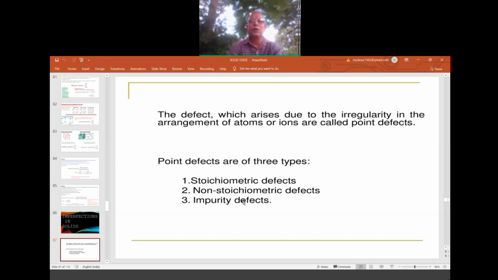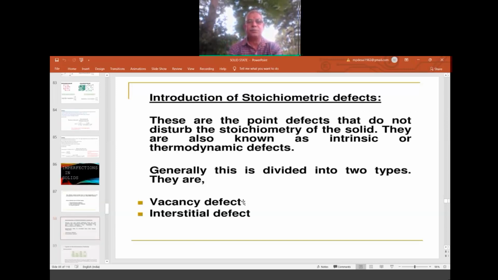Due to the reduction technique we follow in the second step of metallurgy, that percentage will give some defect in the iron metallic bonding or the metallic crystal. So that is called what? Impurity defects. Due to some impurity addition or forming, defects are there. So depending upon the type of the defect, we classify these three categories.